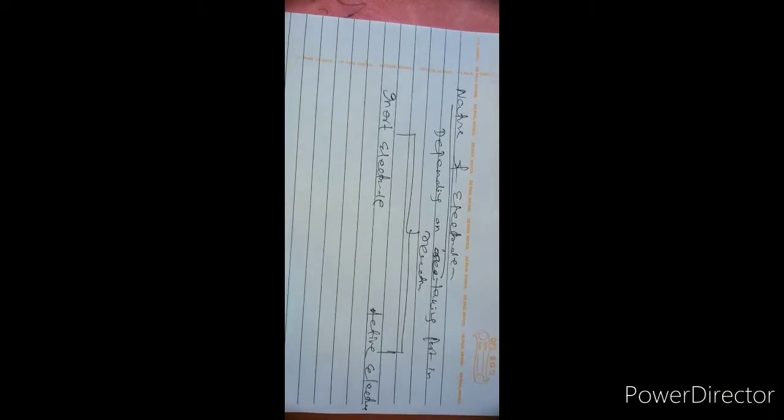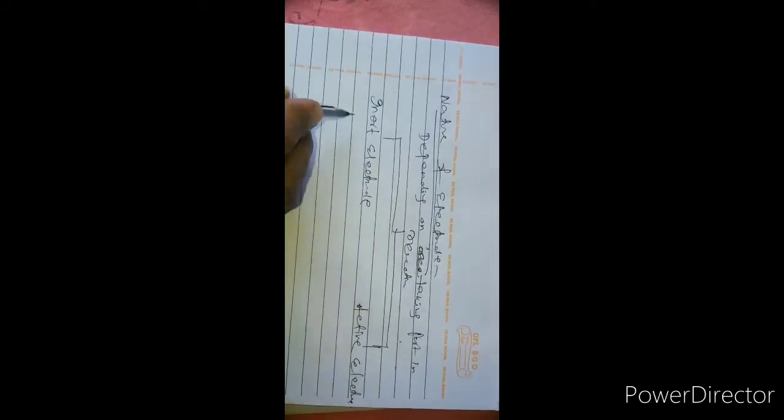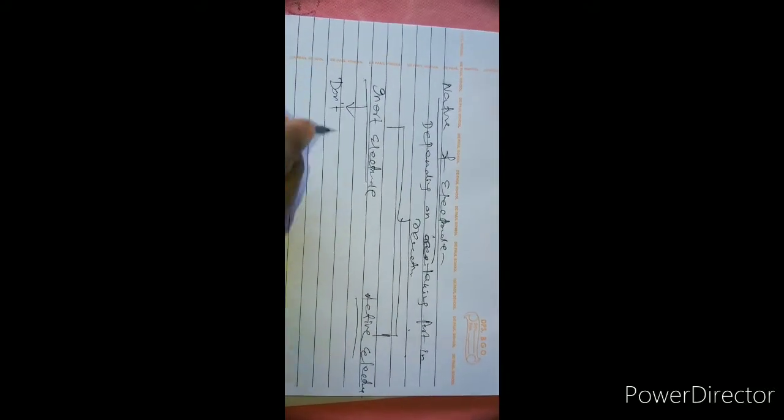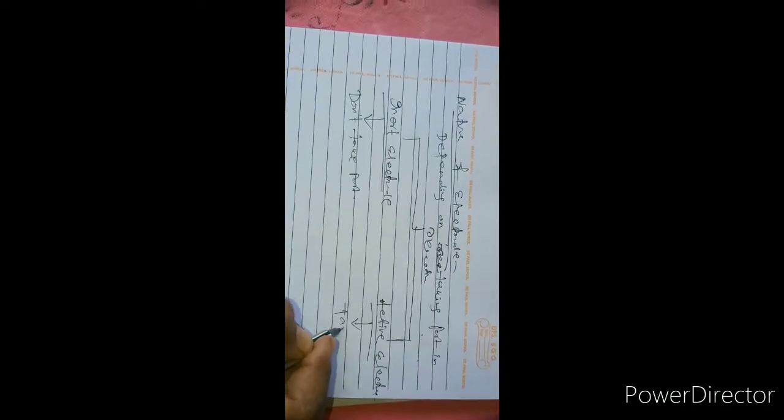Previously we had discussed anode and cathode, which depends upon the charge, positive or negative. But here it is about whether the electrodes take part in the reaction or not, inert and active. Inert does not take part, but active takes part in the reaction.